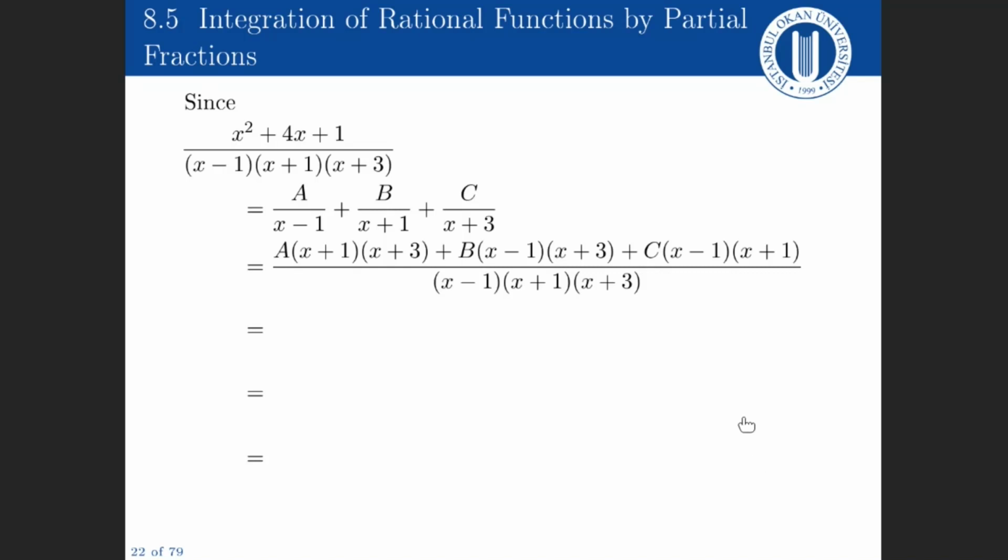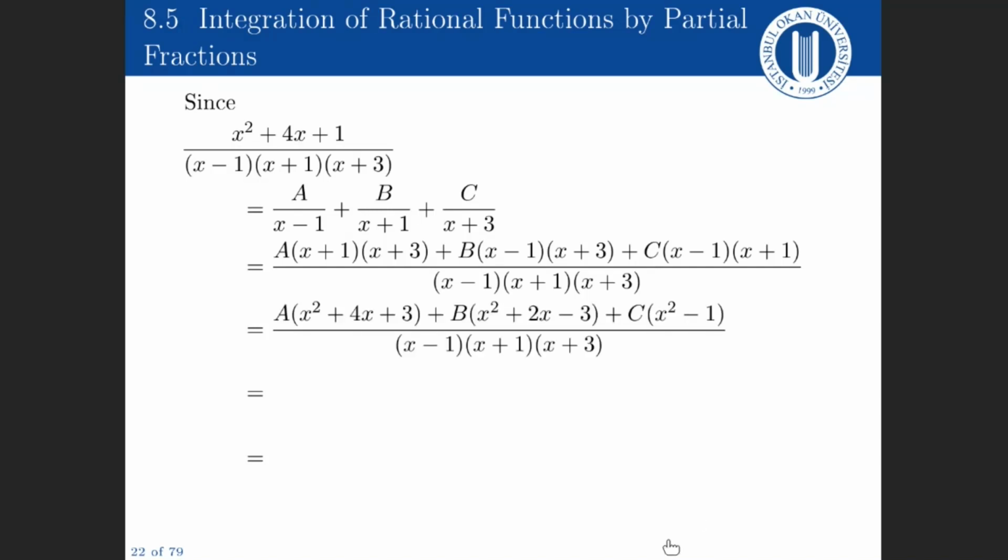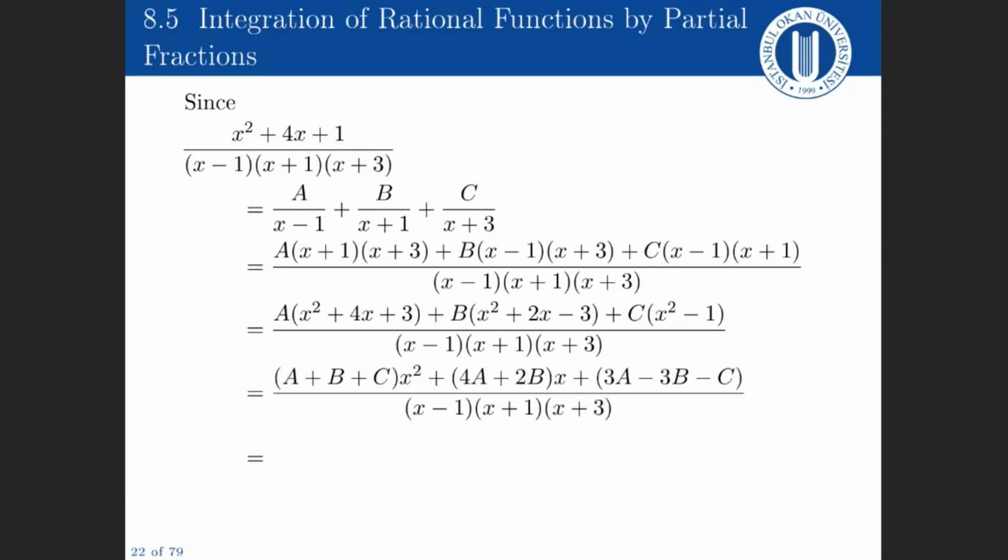If we put everything over the same denominator and then group terms together like this, we can see that a + b + c must be the same as 1. 4a + 2b must be the same as 4.